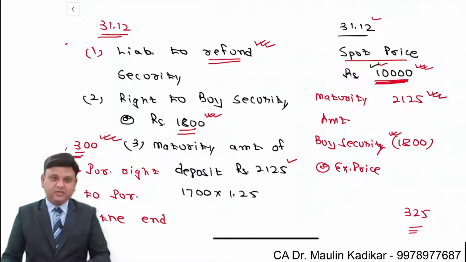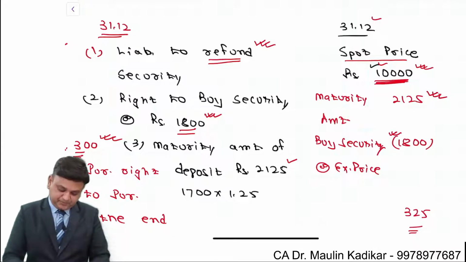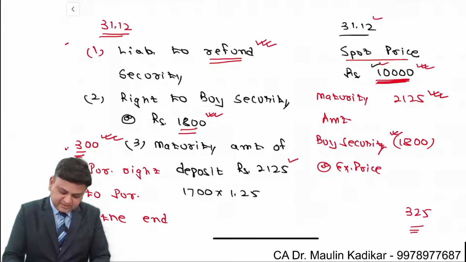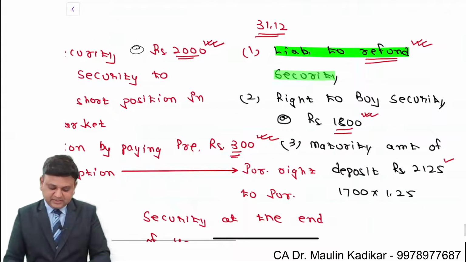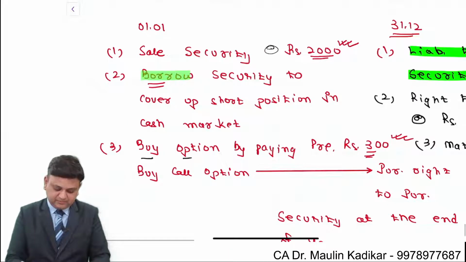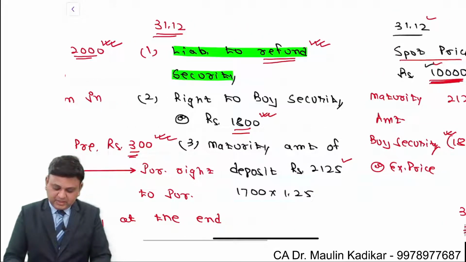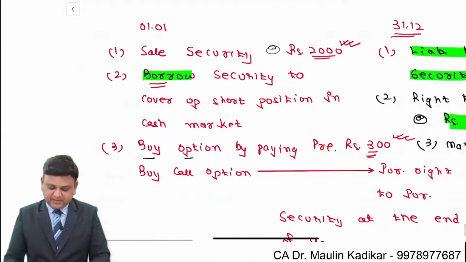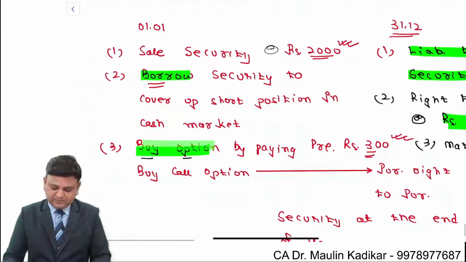We have to see importantly what is our situation. The first thing that we have is liability to refund a security, the person from whom we had borrowed security. We have right to buy the security at 1800. Why? Because we had paid the call premium to buy the option.